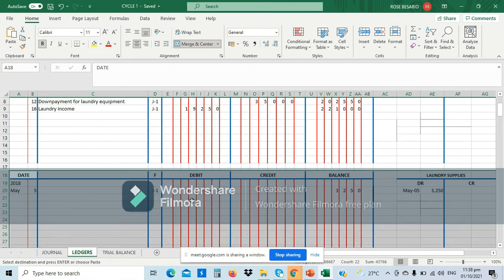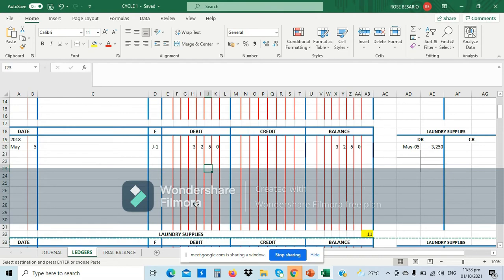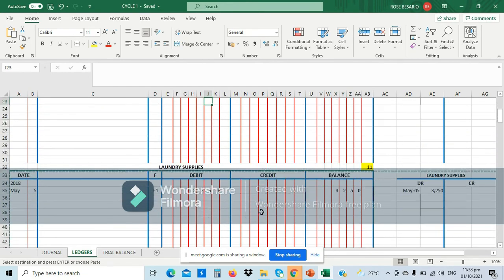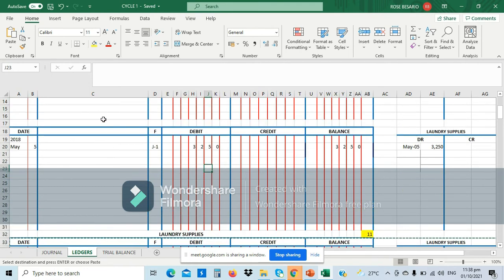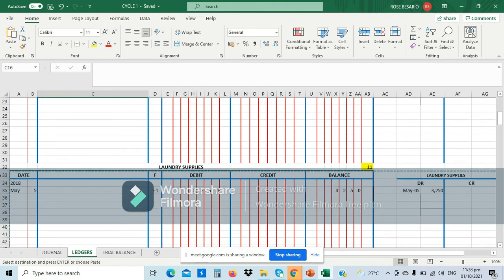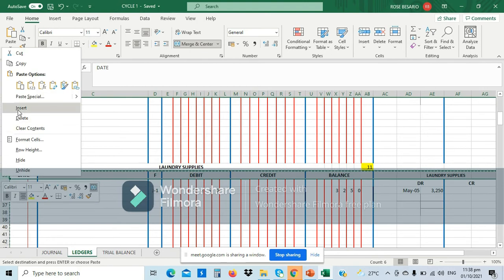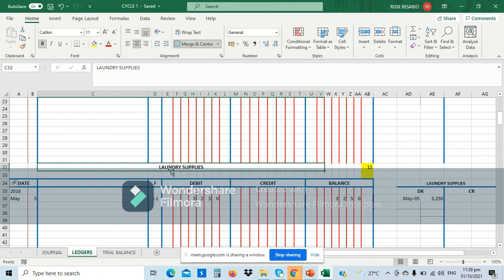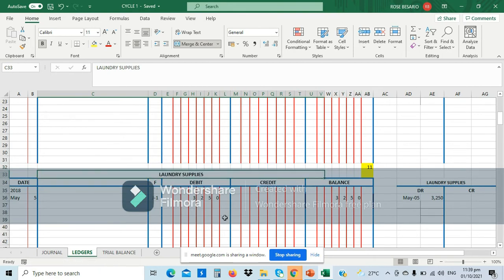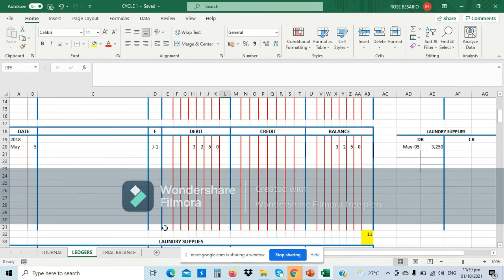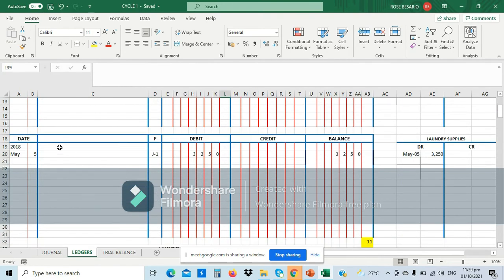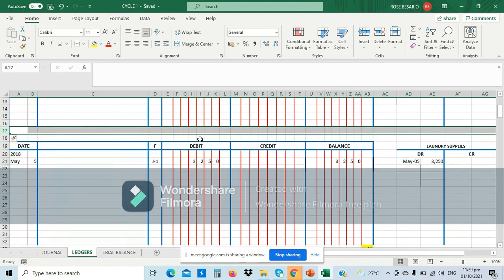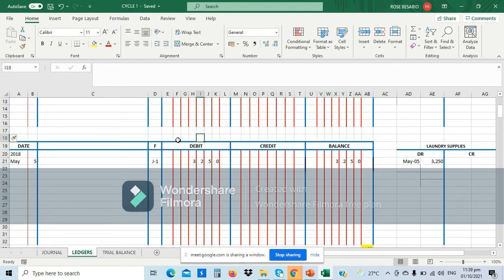Okay, so we'll just make it as laundry supplies, and then this one we will make it, sorry, prepaid insurance.